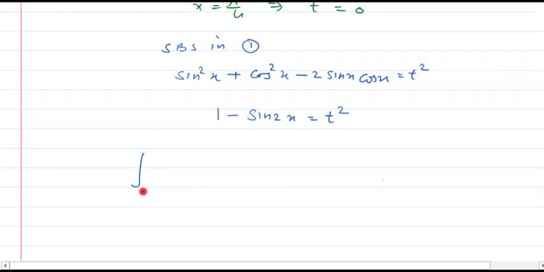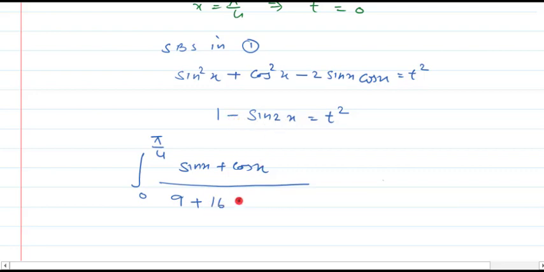So, before changing the limit, let us change the function in the required form. We are having this as sin x plus cos x upon 9 plus 16. Here we need minus sine 2x, and here we are having plus 16 sine 2x.